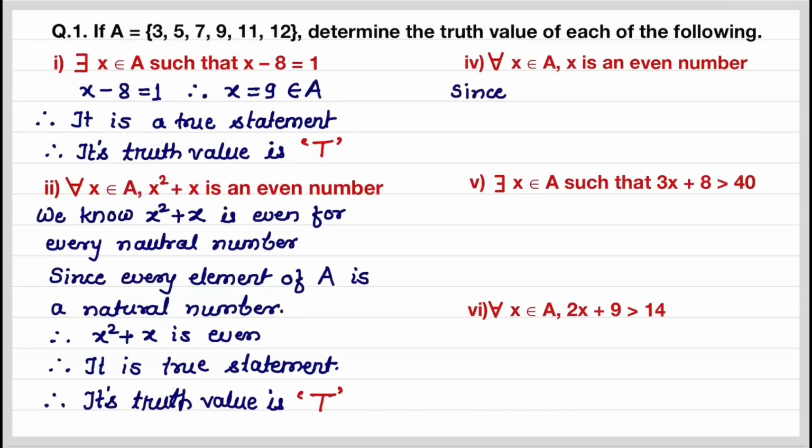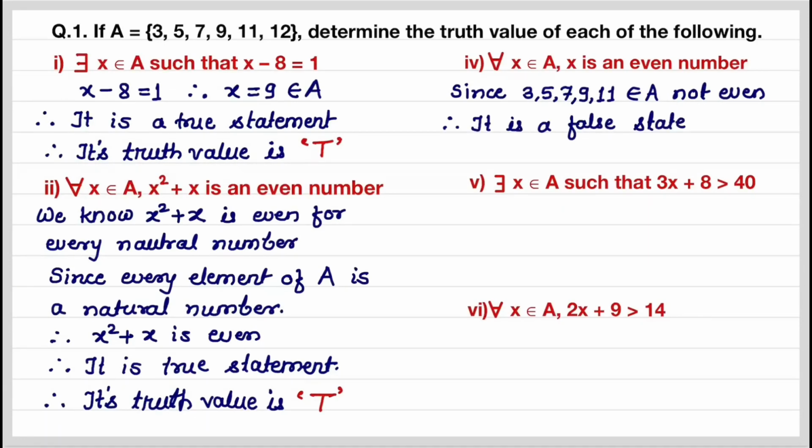That means not every element of set A satisfies the condition x is an even number. Since 3, 5, 7, 9, 11 are not even, therefore it is a false statement. As it is a false statement, its truth value is F, capital F.